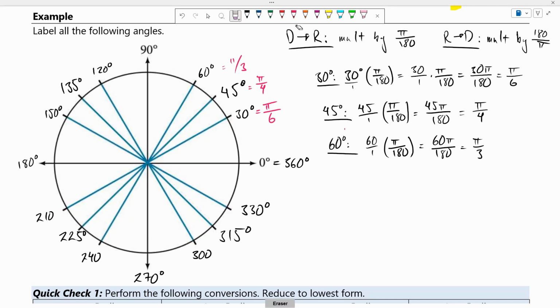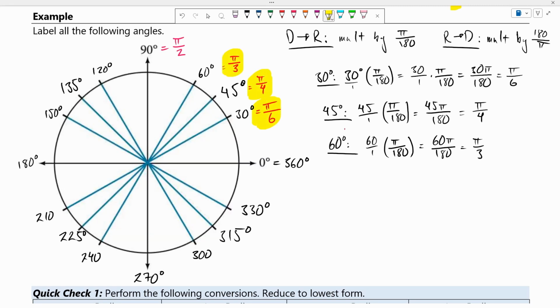Let me write it the same way that I was writing the other ones. I'm going to skip the work for 90 degrees, but I will give it to you. Pi over 2. I want everybody to take a look at this.